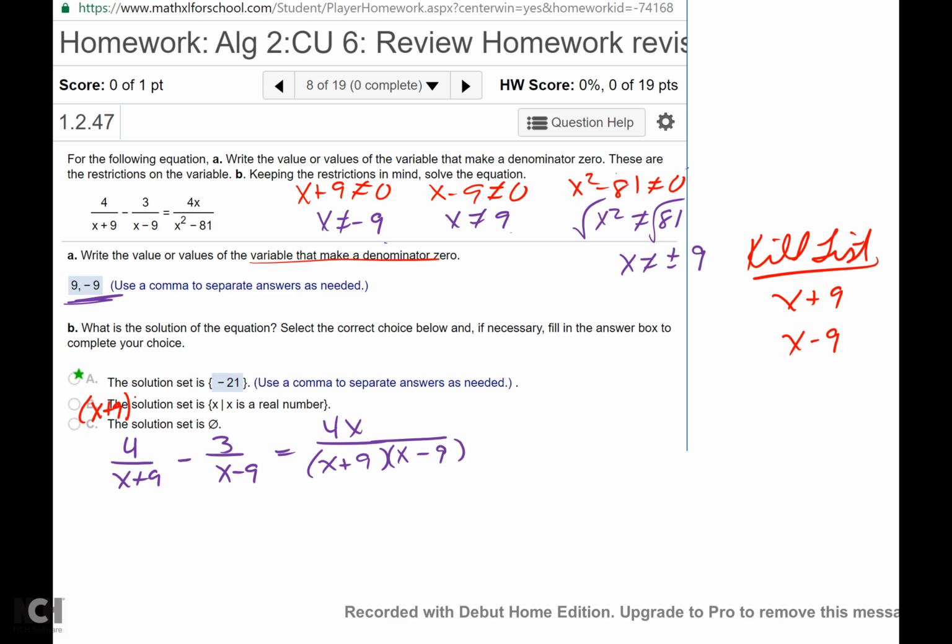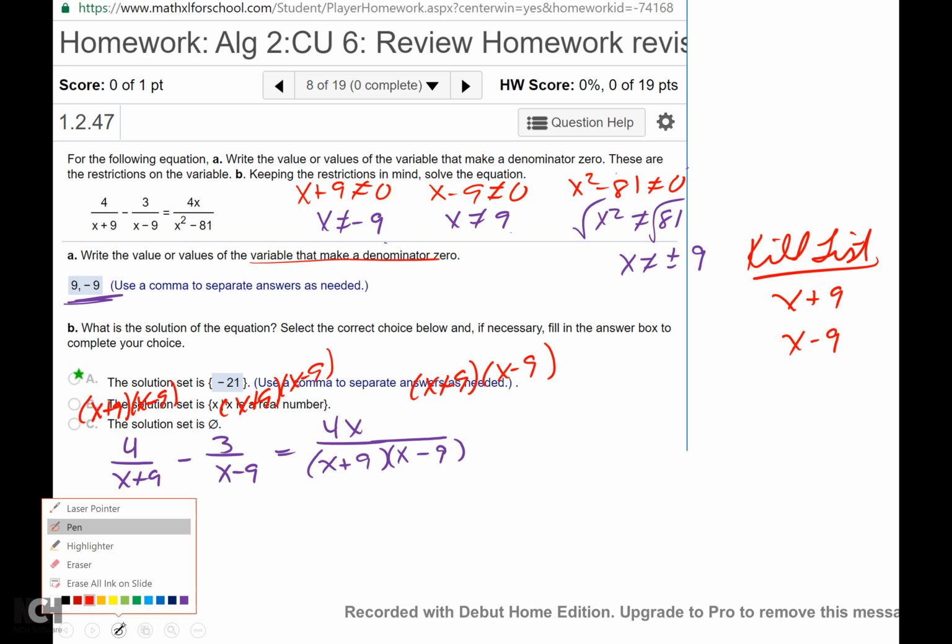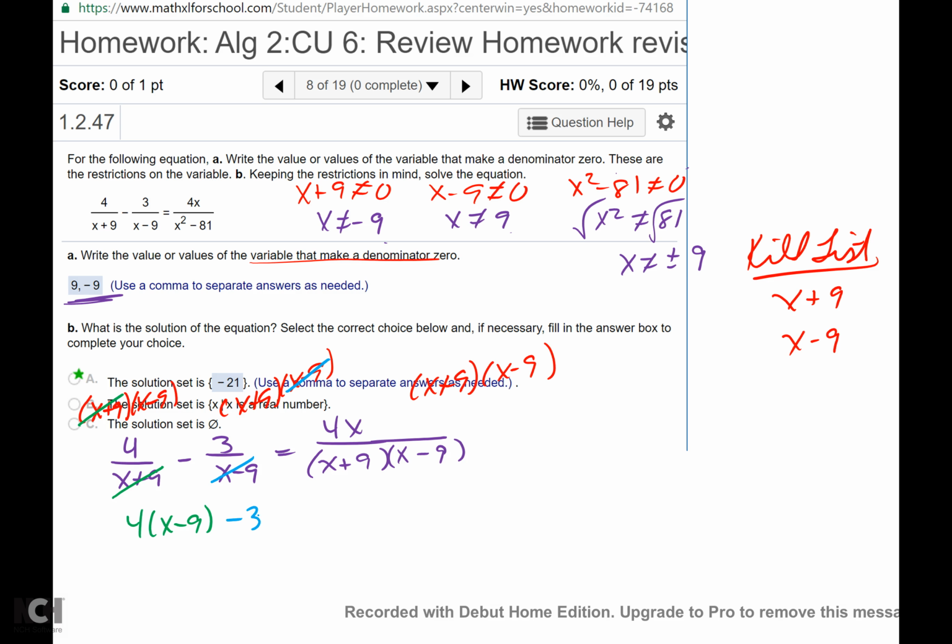x plus 9, x minus 9, x plus 9, x minus 9, x plus 9, x minus 9. Cancel and multiply what's left. The x plus 9s are gone, which leaves 4 times x minus 9. On the second one, the x minus 9s are gone, which leaves negative 3 times x plus 9.